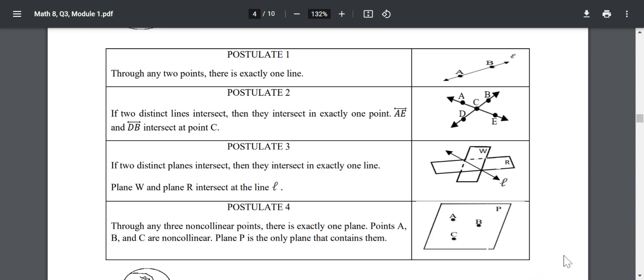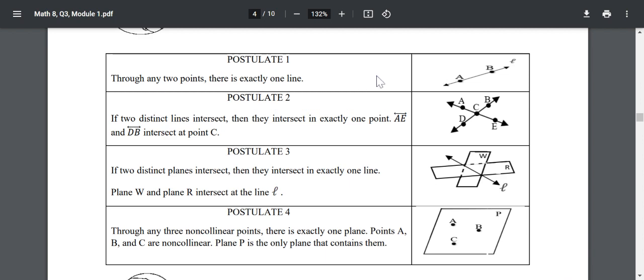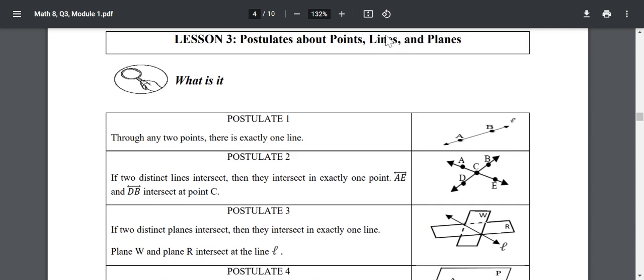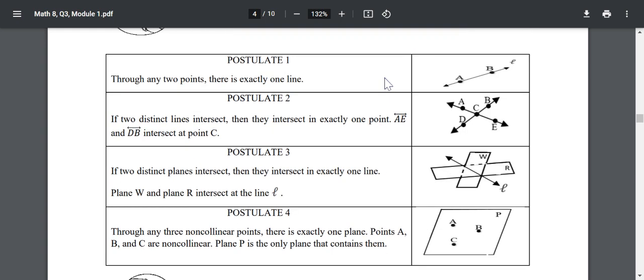Di ba, wala man na sila nagtapad, wala nag-line. So plane P is the only plane that contains points A, B, and C. Gitawag na nato plane P. So these are the four postulates of points, lines, and planes.